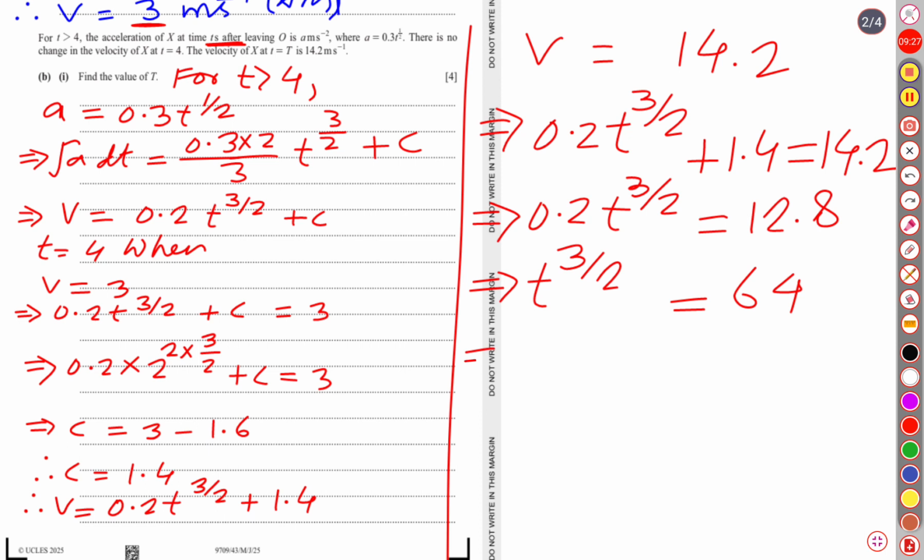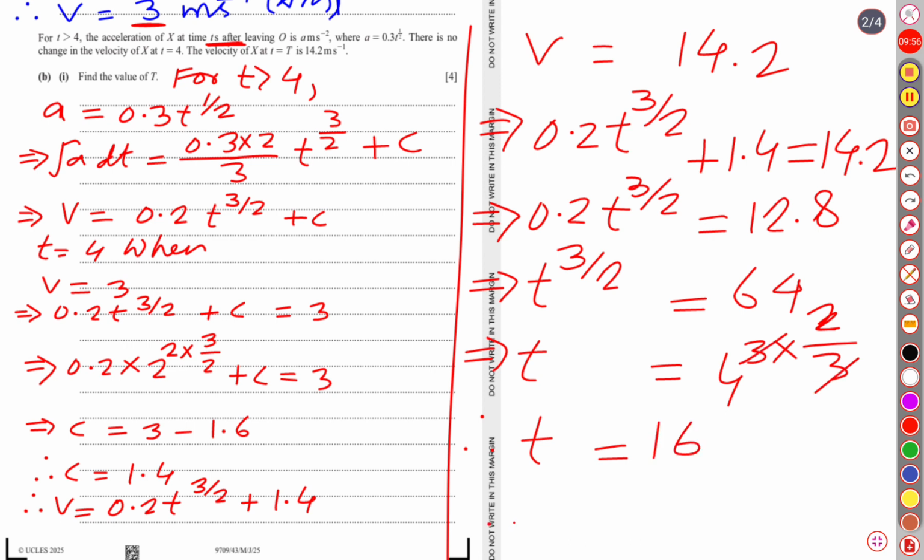Then we can transpose this to the other side. 64 actually is 4 cube, and if we transpose this exponent from the left side, it is going to be 2 over 3. Hence our t has become, look at this, if this 3 dissolves with the other 3, what remains is square. 4 square means 16.